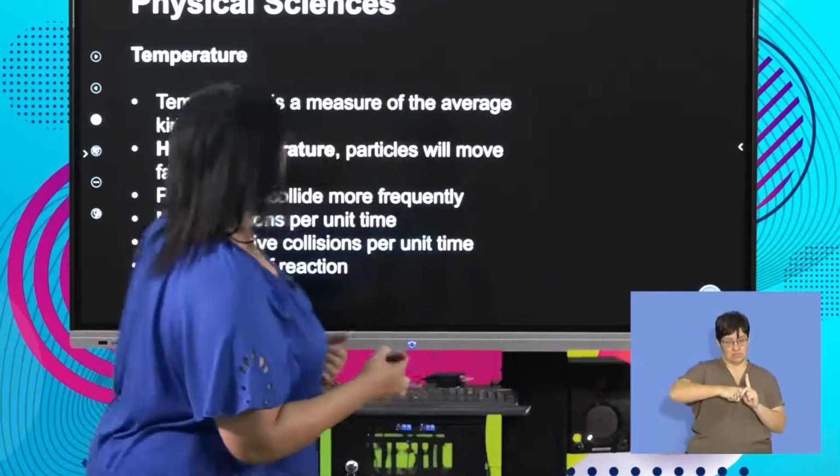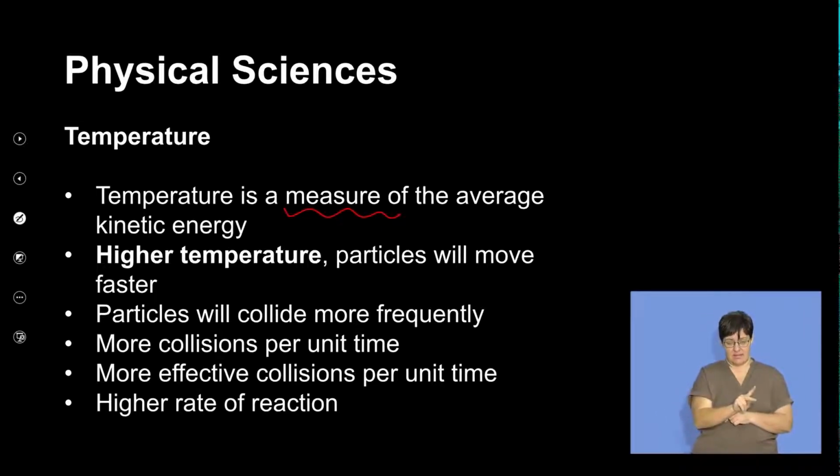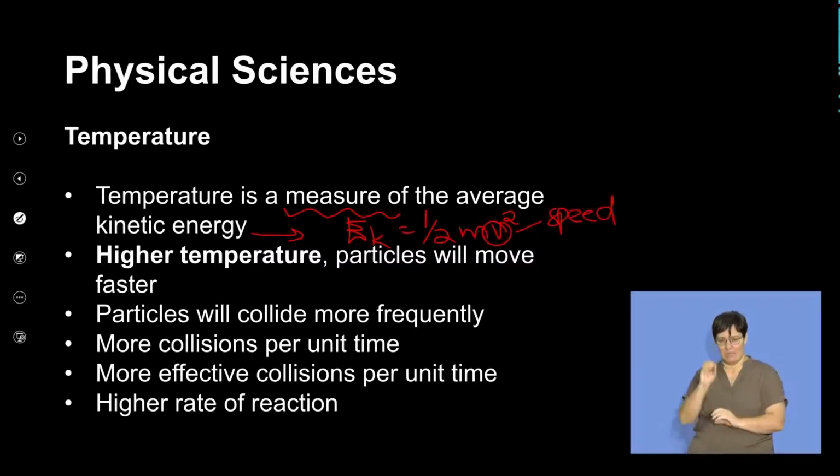Now, if the temperature is increased, we need to know that the temperature is a measure of the kinetic energy of a substance. And remember, the kinetic energy, where we know that Ek is equal to half mv squared. So when we talk about kinetic energy, we should then think about the speed of our particles.